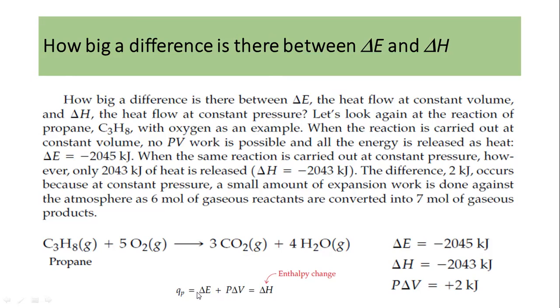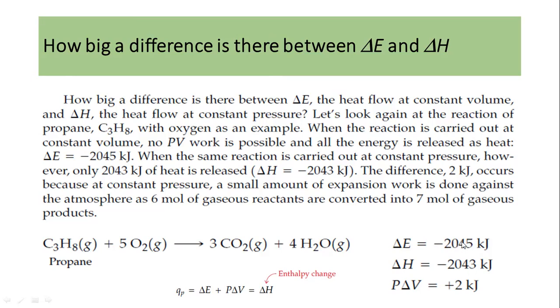If you want to calculate it, you can use the equation we discussed before: delta H equals delta E plus P delta V. The values are given over here. To get the value of P delta V, you move delta E to the right-hand side, so it becomes delta H minus delta E. Delta H is given over here, minus minus, and when you multiply minus with minus it becomes positive.